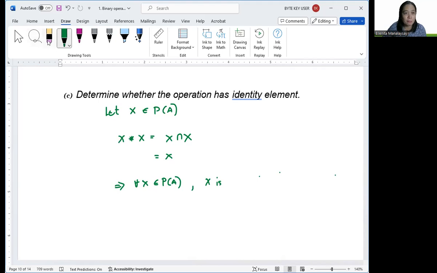However, the identity element should be unique, there's only one identity element na sa lahat ng set.